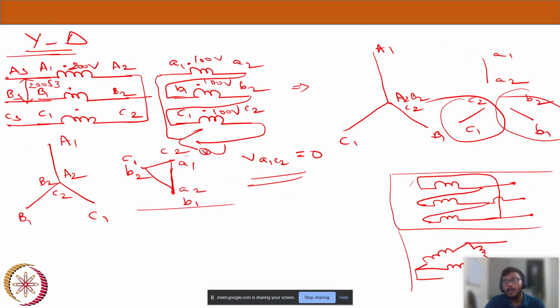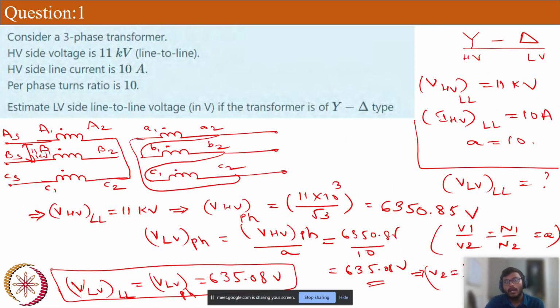We also saw the basic star to delta kind of connection and its phasor diagrams, and how to make a successful delta connection. Based on these concepts, we solved simple basic problems of two different connections, star delta and delta to star.